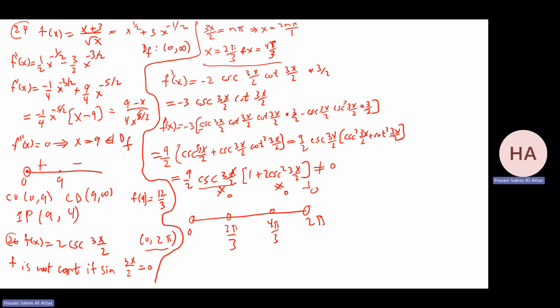When you take, for example, pi over 3, that will be pi over 2. Cosecant pi over 2. No, it's not defined. Not 2 pi over 3. Take pi over 3.